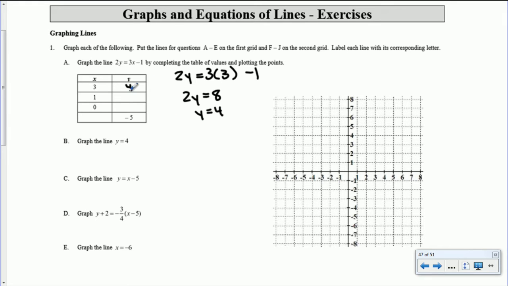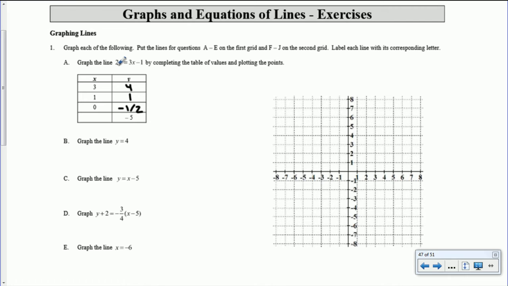Okay, and you can continue that procedure for the other two values. You get 1 and negative a half there. And similar, I'll just make some space here, for the x value here.